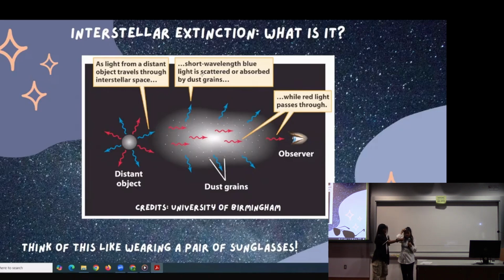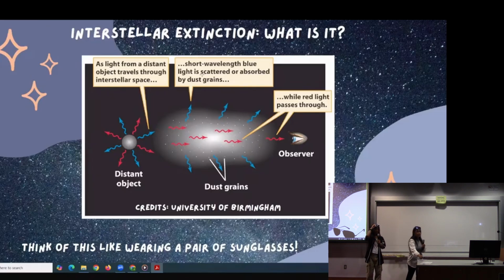Imagine this is us, the observers, and this is our cluster. In between us and the cluster are dust particles, and as our star cluster emits stellar light, these dust particles absorb this light and scatter the blue light. This causes the cluster to appear redder and fainter.